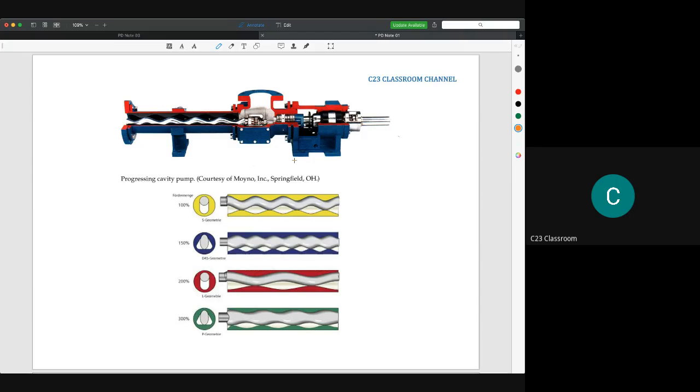A piston pump, in theory, can be used to move slurry, but the problem is when we press the slurry, yes, it can go out.